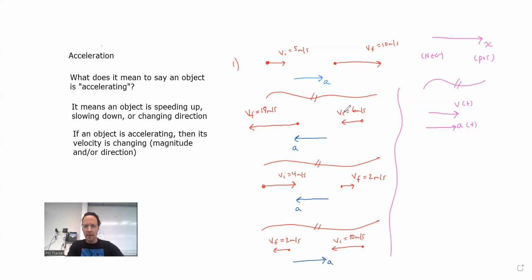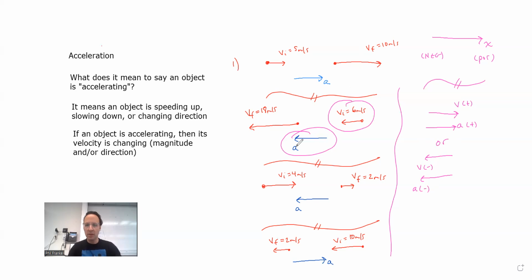On the other hand, here the object has a negative velocity value, and a leftward, that means negative acceleration value, and the object speeds up. It ends up moving faster than it was originally moving.